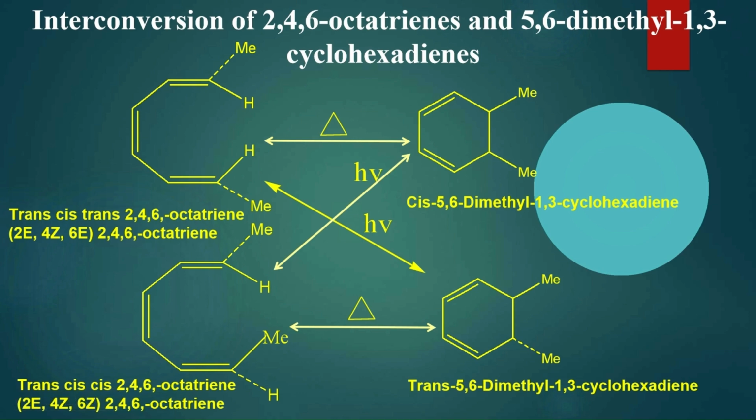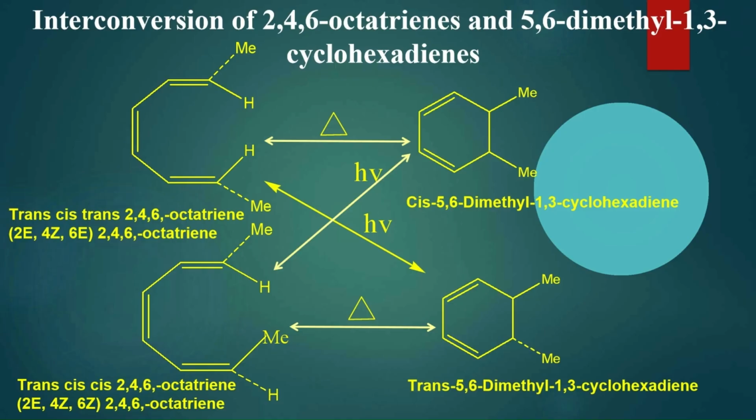This is all about the electrocyclic reactions containing 4n plus 2 pi electrons, induced thermally and photochemically, and the stereochemistry involved. When I take the trans-cis-trans derivative thermally, I'll get cis.